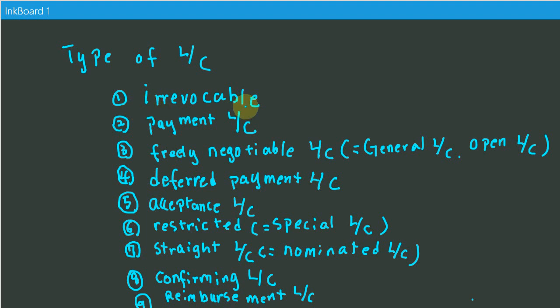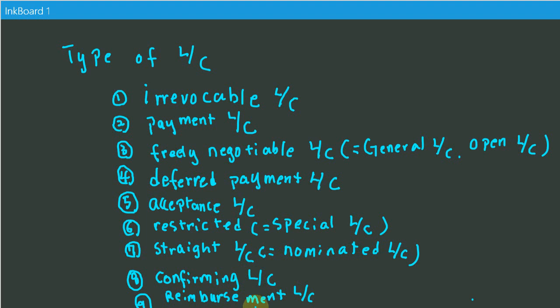So, irrevocable LC, payment LC, freely negotiable LC, deferred payment LC, acceptance LC, restricted special LC, straight LC, nominated LC, okay?